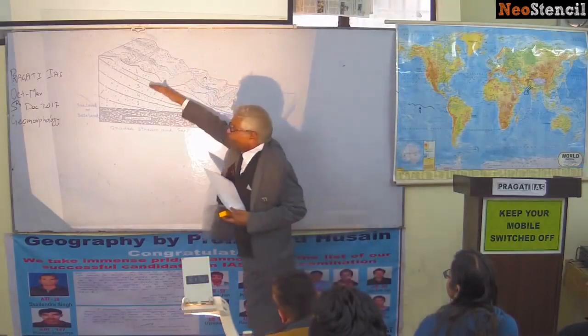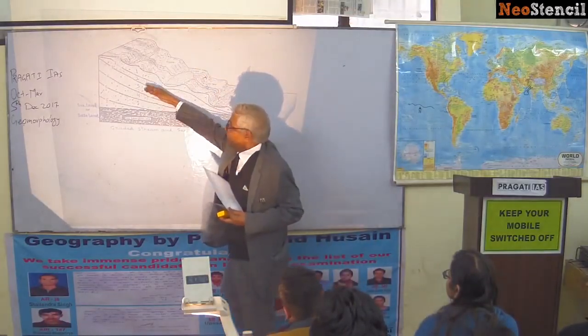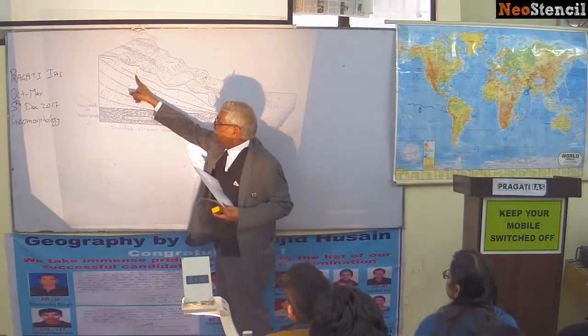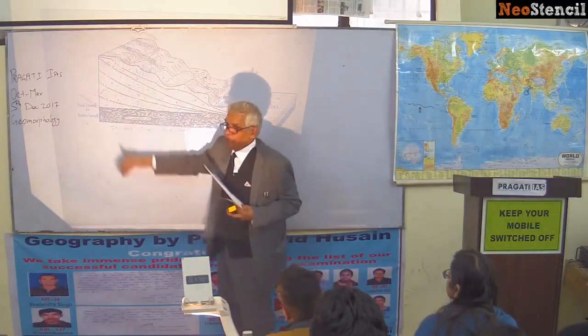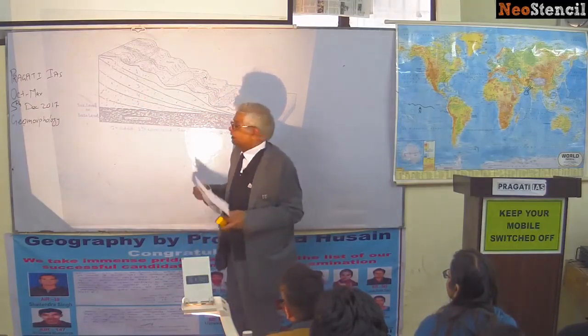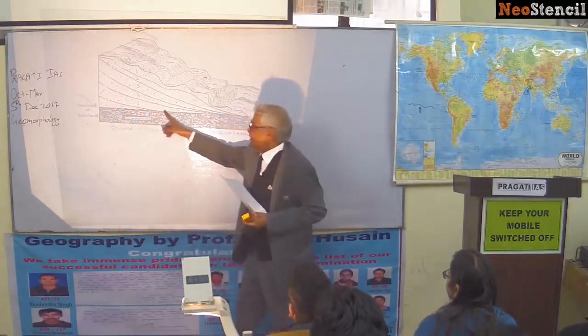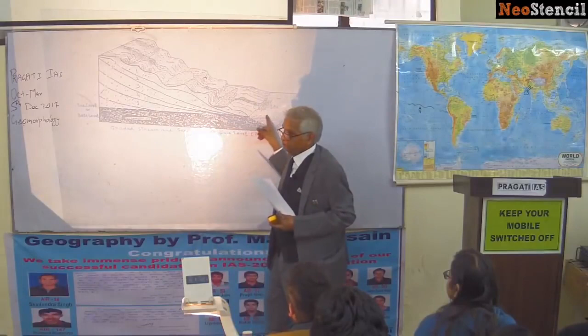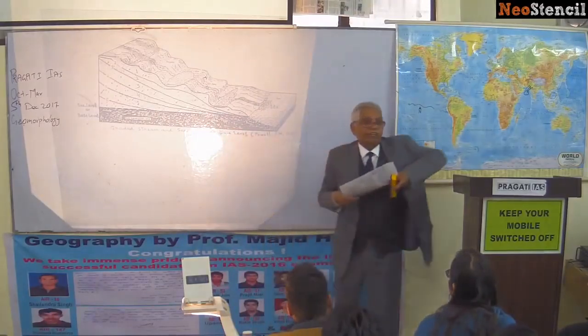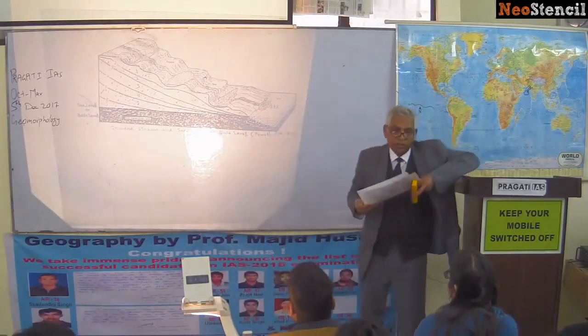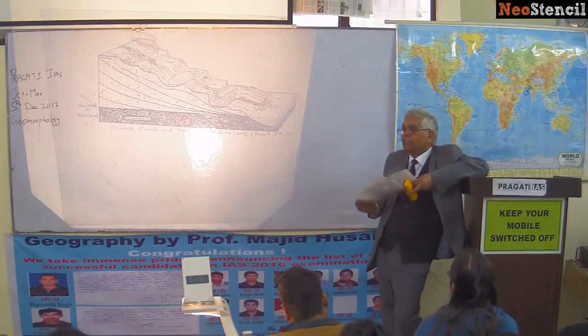Now, downward cutting is in progress. If it is number 1, then it will go further down. Downward cutting will continue. Further down, number 3, number 4, number 5. Finally, it will be in the stage of sea level. This is known as a graded stream. The stream has removed the elevated portion through downward cutting.